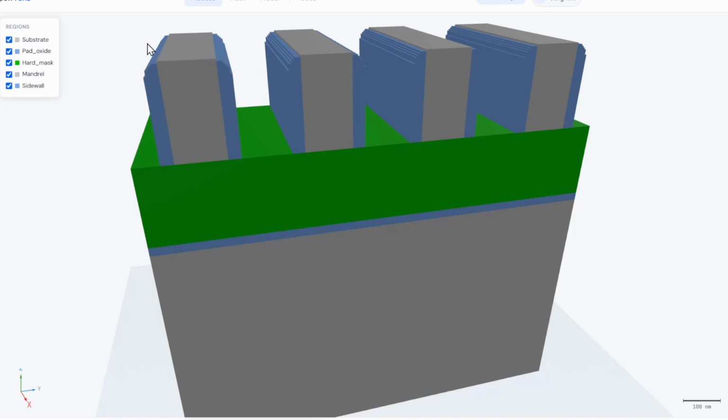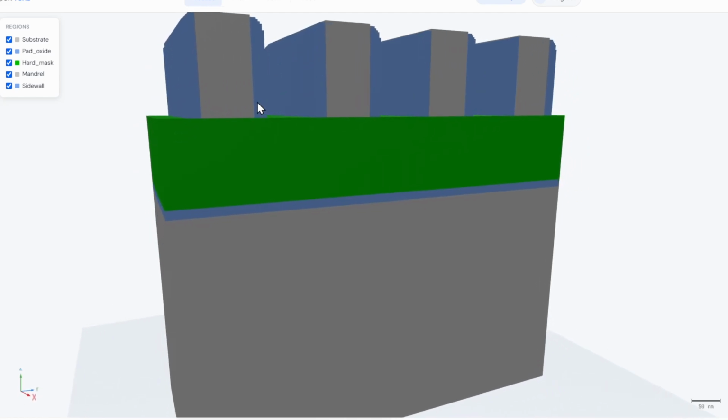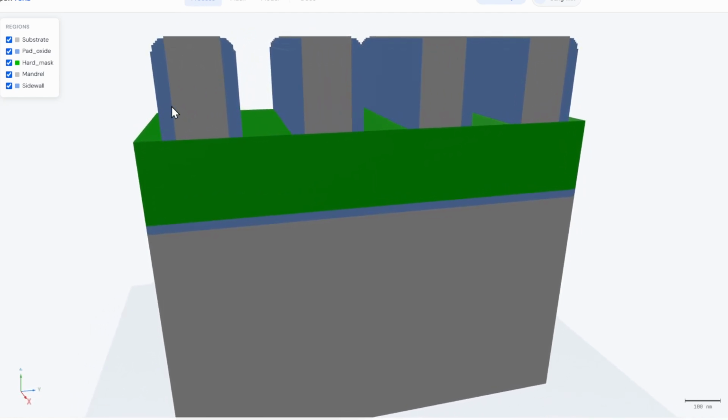So only the top and the bottom part are eliminated. The point is, now we have the remaining sidewall, and the thickness of this sidewall is the original deposition depth.